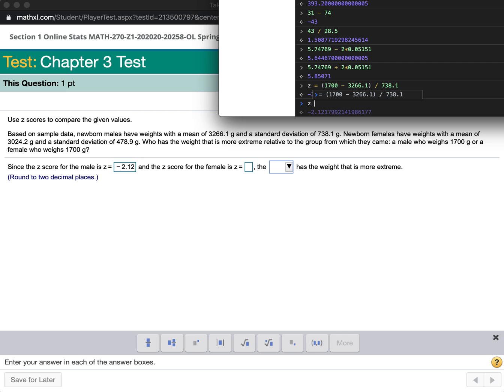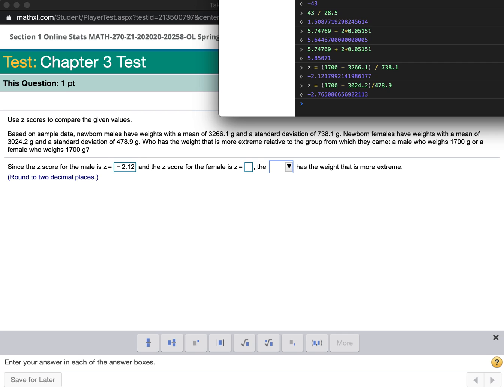Then the z-score for the female. The female also weighs 1,700 grams. So her z-score would be 1,700 minus the mean of the females, which is 3024.2, divided by the standard deviation of females, which is 478.9.